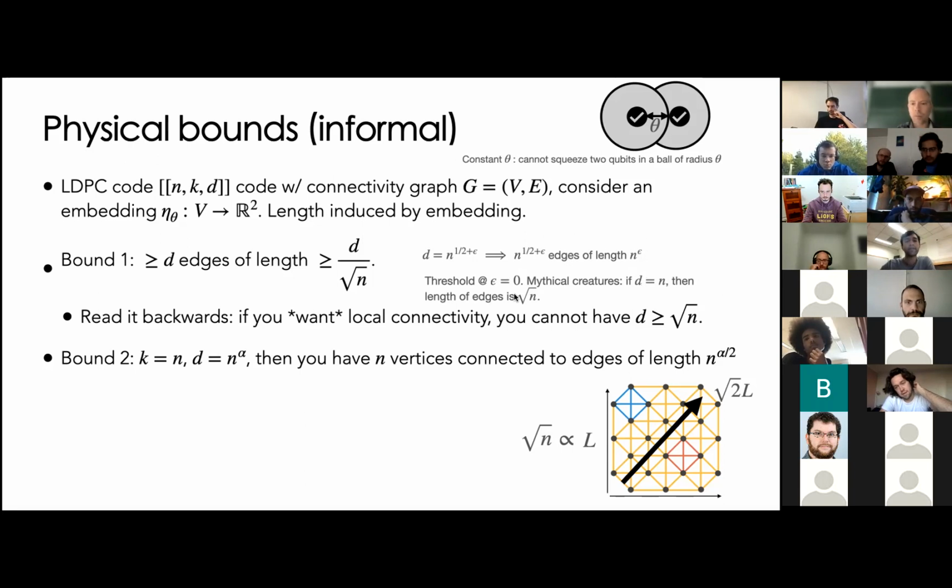Another way to state this would be to say that if you want local connectivity, if you want to ensure that the length of these edges is only a constant, then d cannot be greater than square root of n. Right? So it's a more general version of the Bravyi-Terhal result.